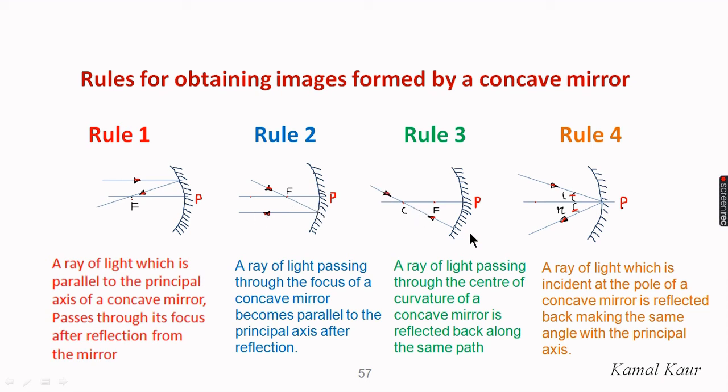A ray of light passing through the center of curvature of a concave mirror is reflected back along the same path. Rule 4. A ray of light which is incident at the pole of a concave mirror is reflected back, making the same angle with the principal axis. So these are the 4 rules that we will use to know the characteristics of the images formed by a concave mirror.